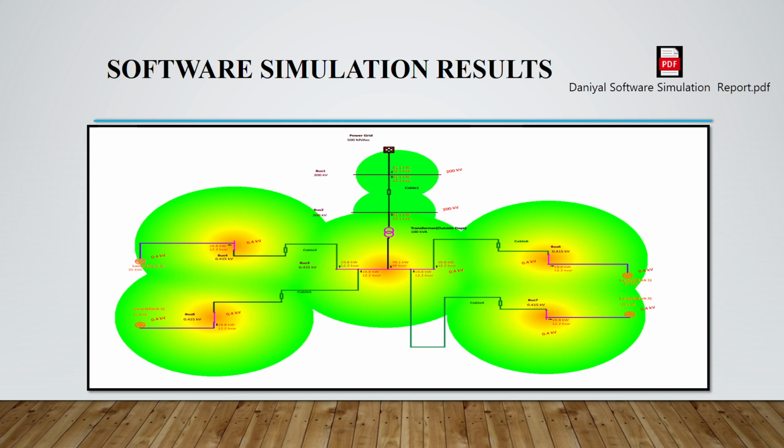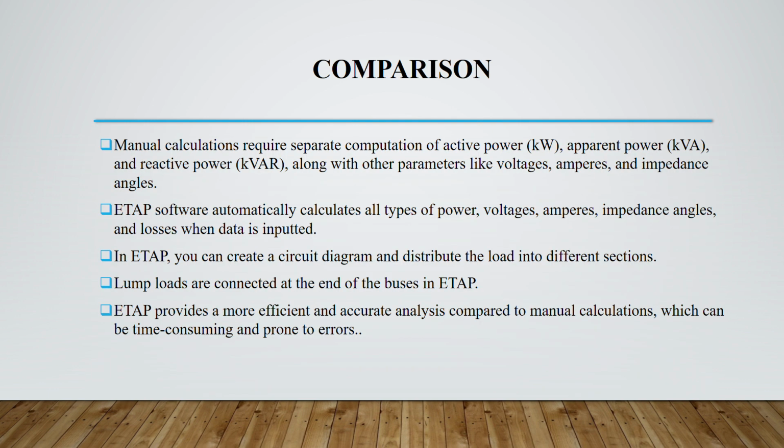Okay, and then the comparison. Manual calculations require separate computation of active power in kW, apparent power in kVA, and reactive power in kvar, along with other parameters like voltages, amperes, and impedance angles. ETAP software automatically calculates all types of power, voltages, amperes, impedance angles, and losses when data is inputted.